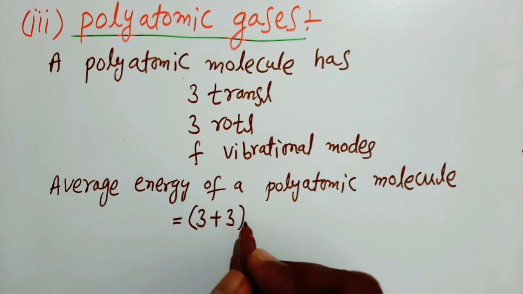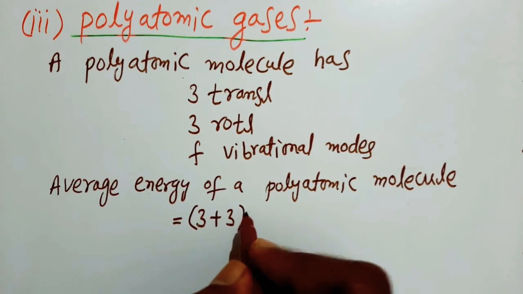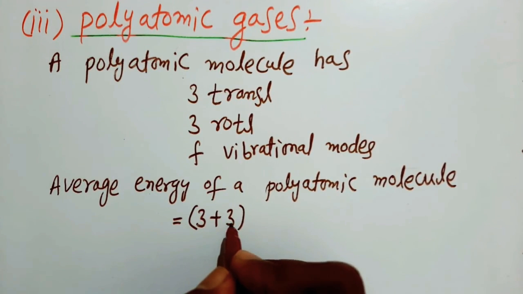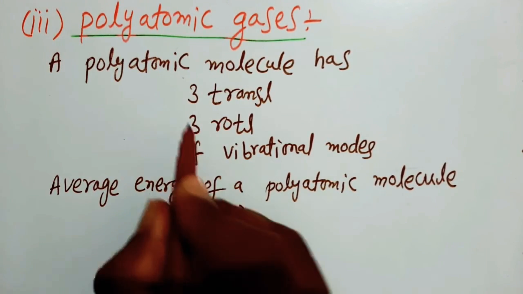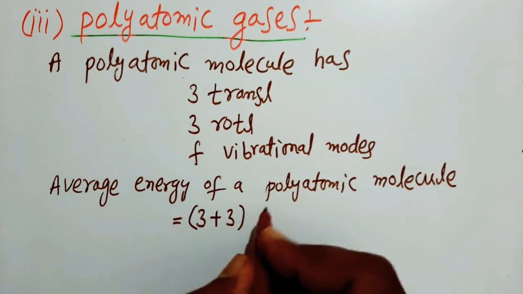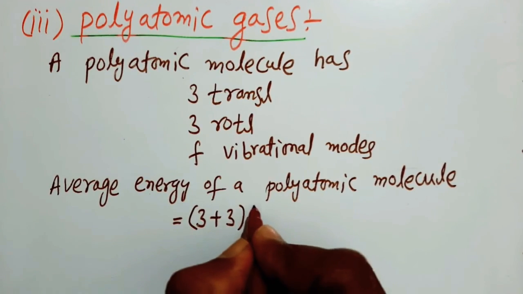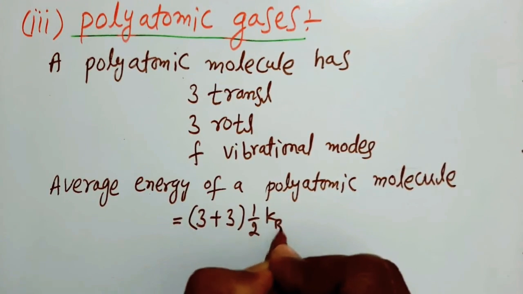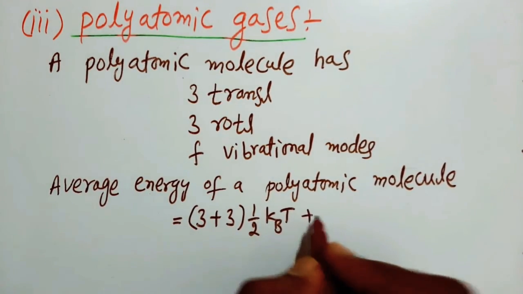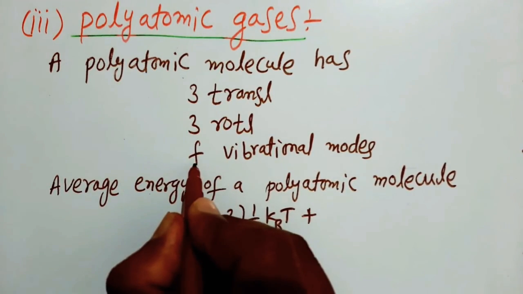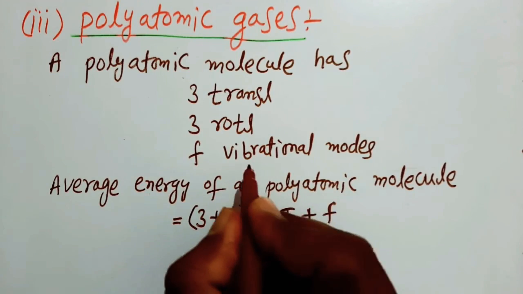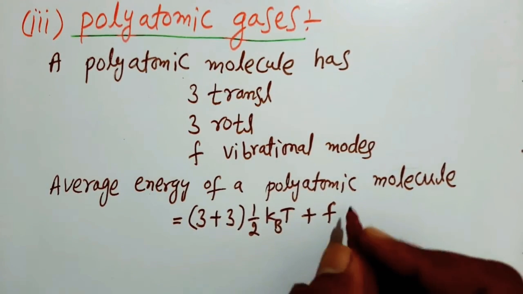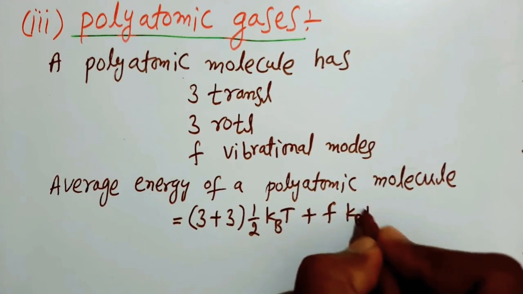According to the law of equipartition of energy, each mode has average energy 1 by 2 kBT, so 3 plus 3, 6 modes, the average energy is 1 by 2 kBT, plus it has f vibrational modes, so that is f into each vibrational mode has average energy kBT.